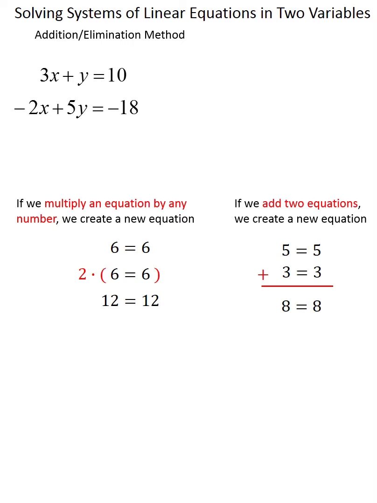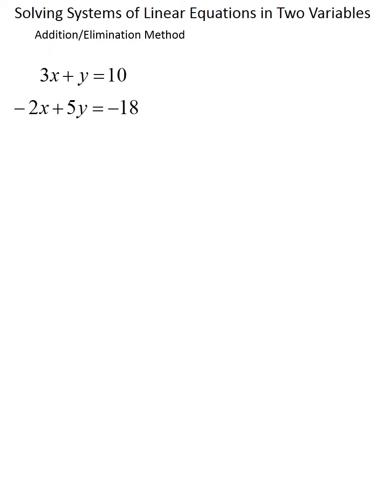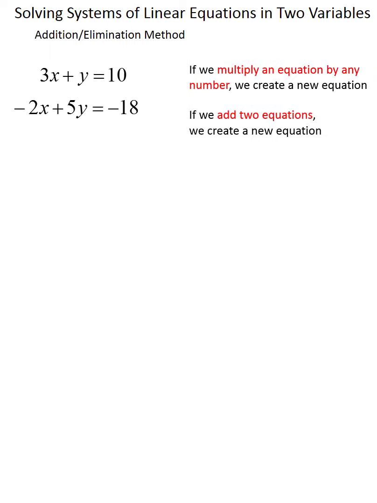Now these arithmetic examples seem a little strange and obvious, but they illustrate these 2 basic facts, which are the fundamental basis for using the addition-elimination method, as you're about to see. So now let's get back to the actual problem and use the addition-elimination method.